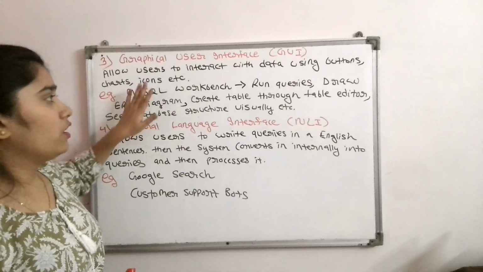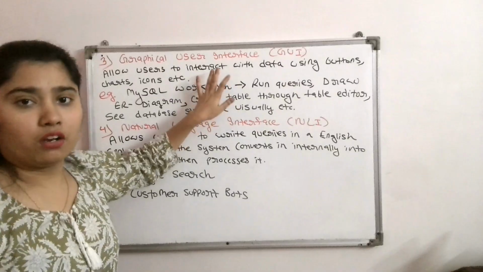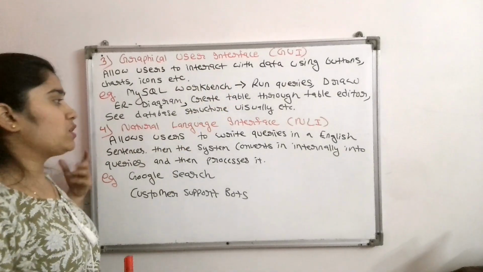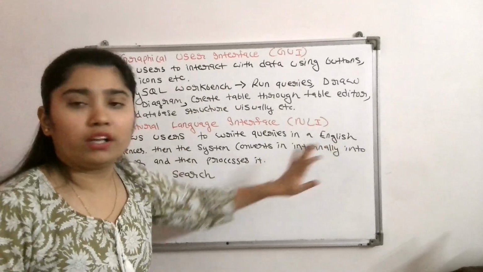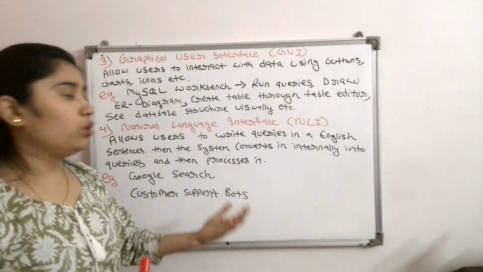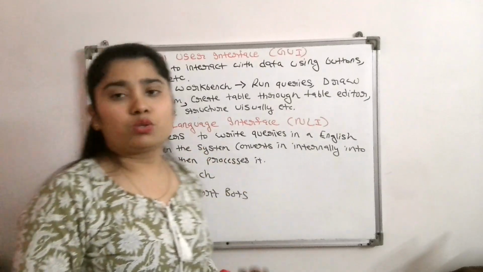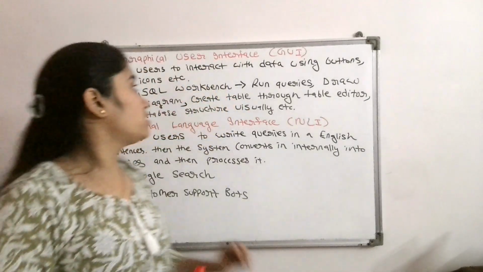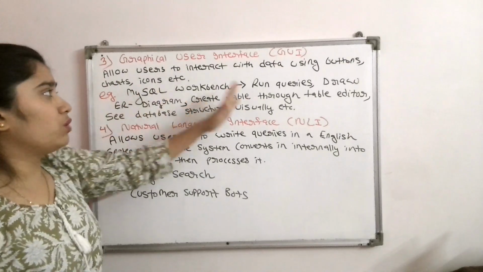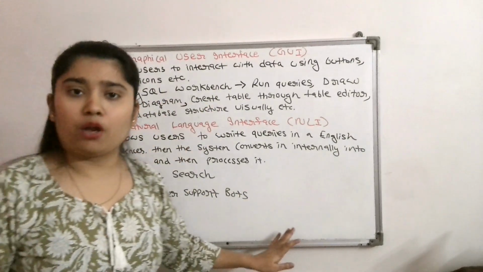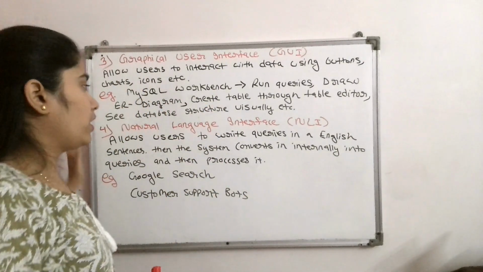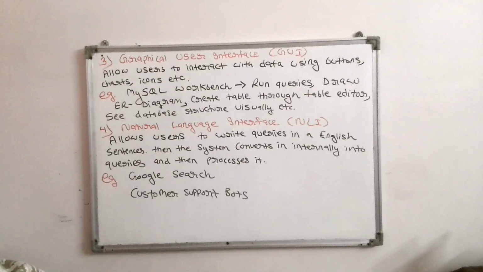In the graphical interface you work without technical knowledge, and in the natural language interface you need only the English language, so you don't need to write any query to perform your task. So these are the two types, the graphical user interface and the natural language interface. If you want to take a screenshot or write it down, do it here.